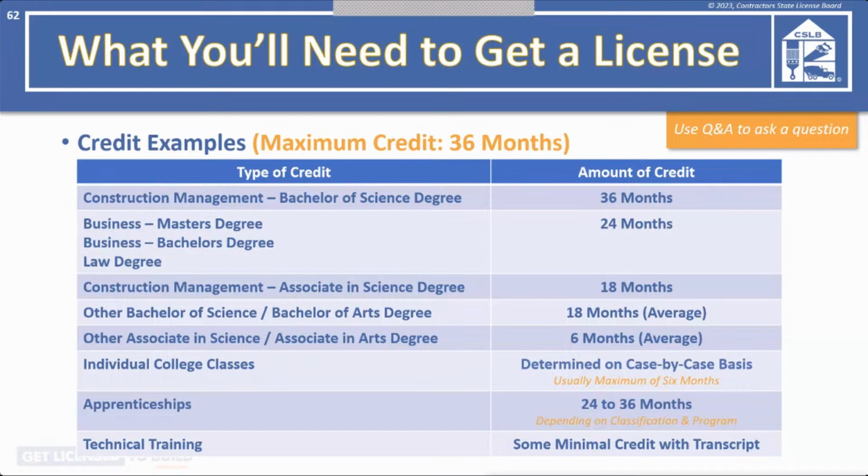You still have to have 4 years full-time experience, and it does have to be within the last 10 years. So you could go back right now to July of 2013, but you still have to have a certifier. Whether or not it's who certified you before, that doesn't matter.